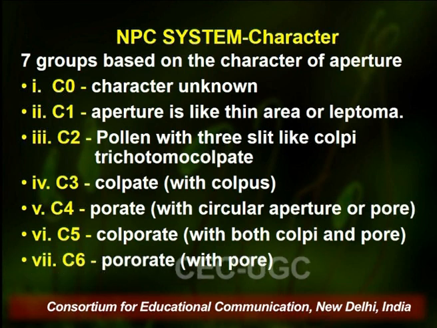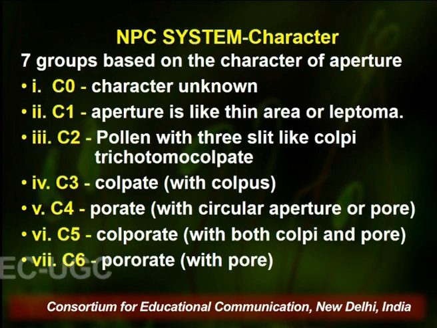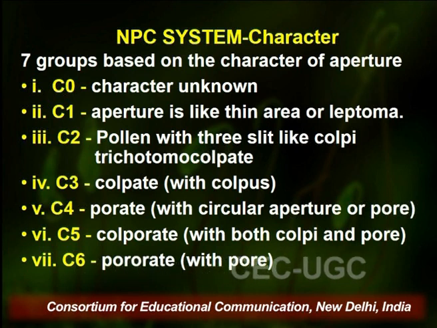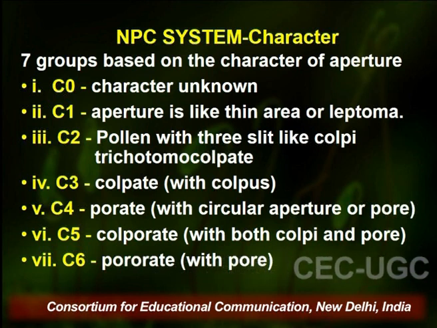Now, based on the different characters, there are different categories. C0 is when we are not sure about the character of the aperture, so this is character unknown. C1 is when the aperture is a thin area, also called leptoma.